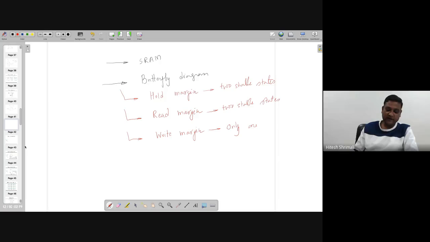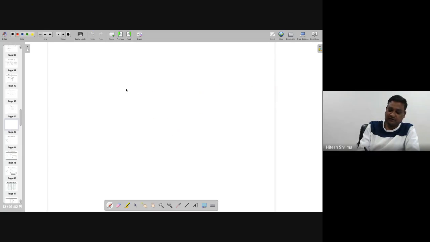So we also studied how to find out those margins from the butterfly diagram. Now moving to the next topic, which is called dynamic RAM, or you can say DRAM, the next class of memory.